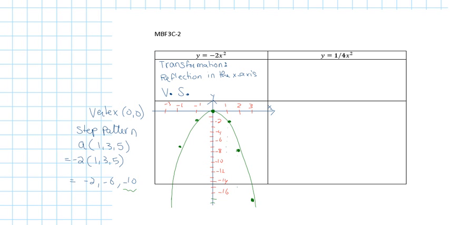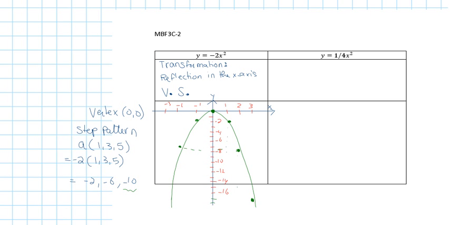To the right or to the left, they're going to be on the same y value. Are we okay with this?